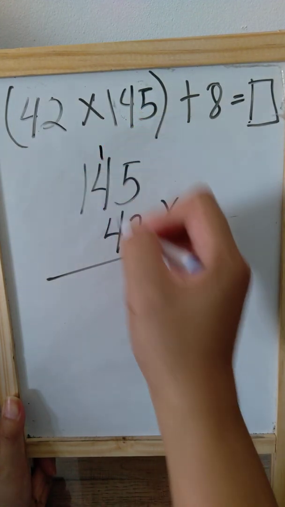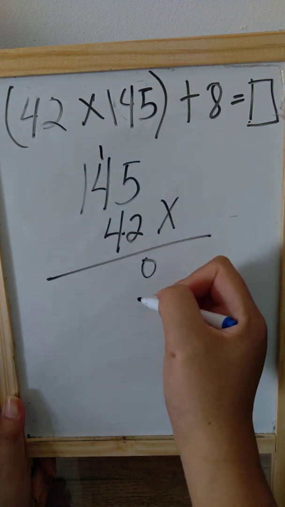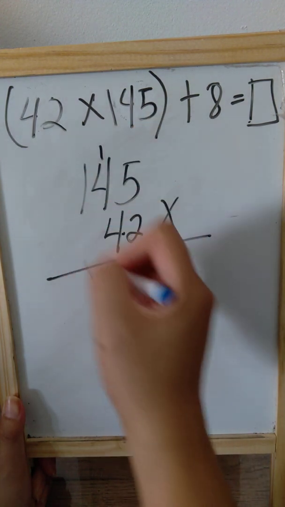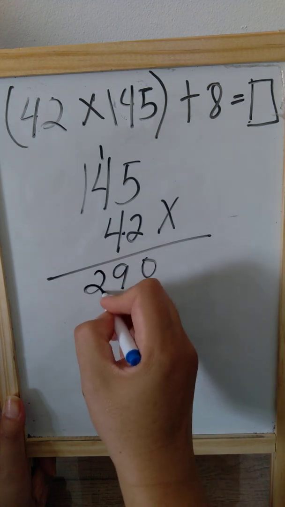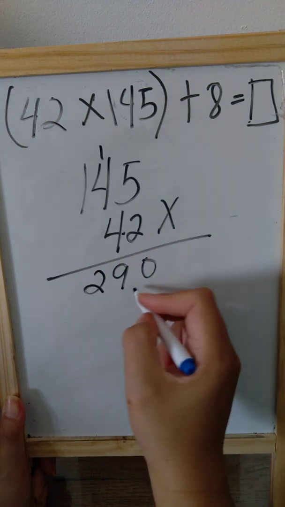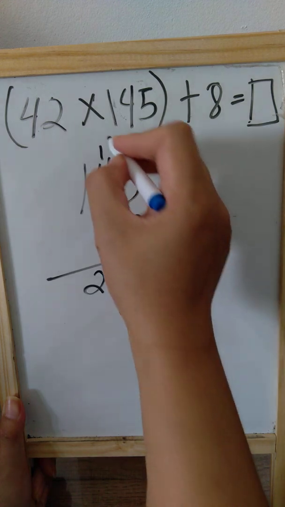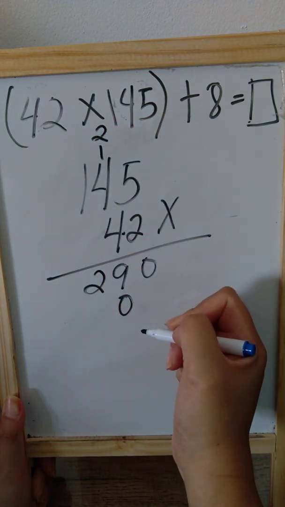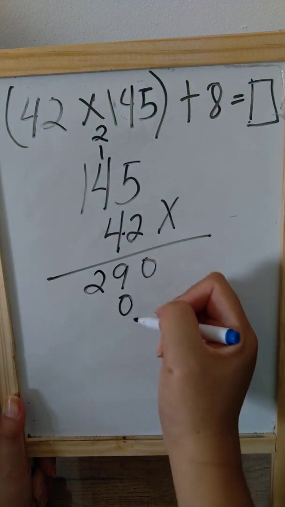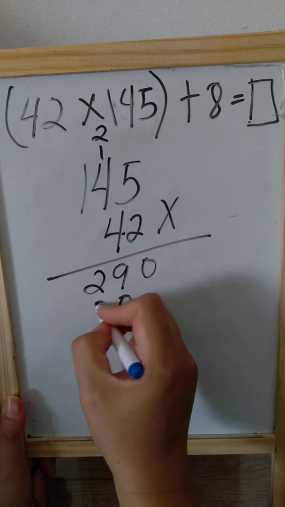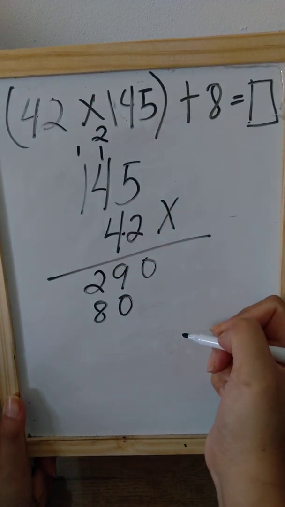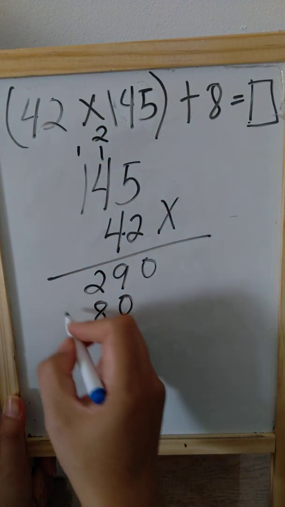Carry 1 to 4. 2 times 4 is equal to 8 plus 1 is equal to 9. 2 times 1 is equal to 2. 4 times 5 is equal to 20. Carry 2 to 4. 4 times 4 is equal to 16 plus 2 is equal to 18. Carry 1 to 1. 4 times 1 is equal to 4 plus 1 is equal to 5.